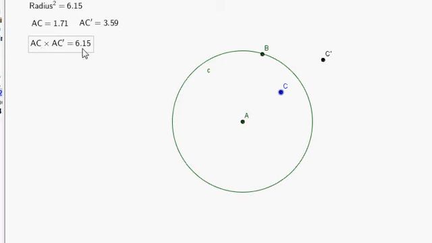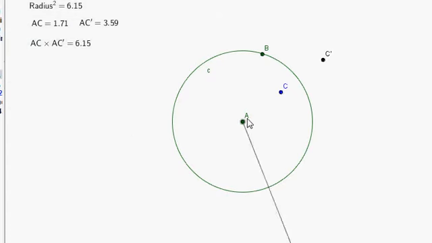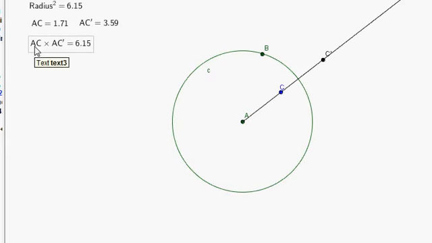And AC times AC prime equals 6.15. So if this is C, there's the point that lies on the ray. Let me put the ray in. So the inverse of C is going to lie somewhere on this ray, A to C, and it lies at a distance so that AC times AC prime is equal to the radius squared.